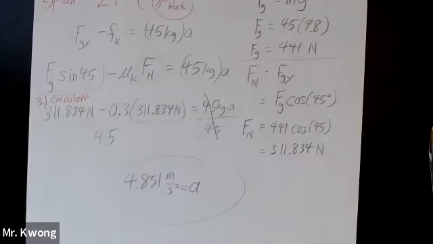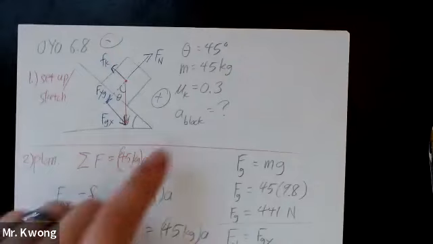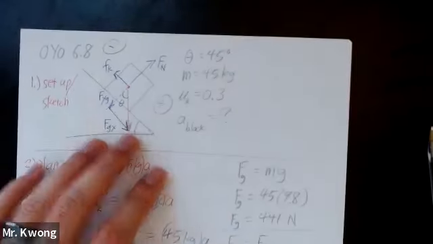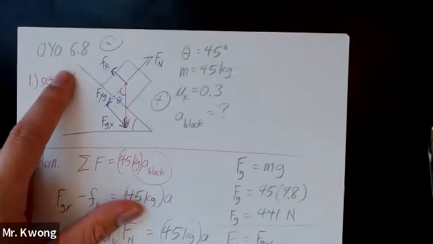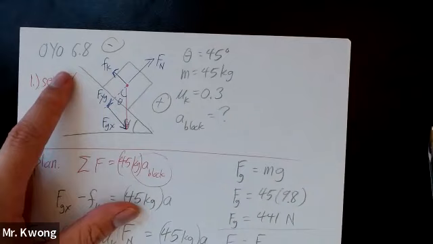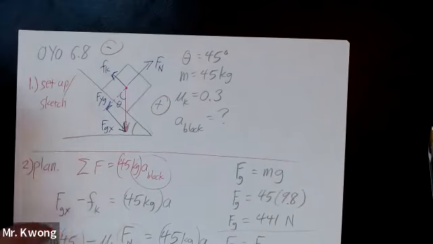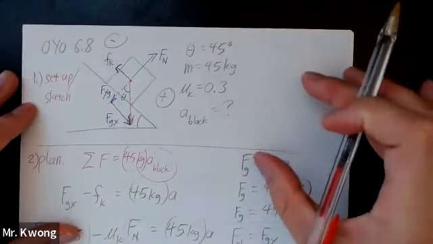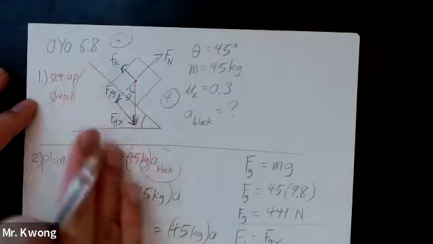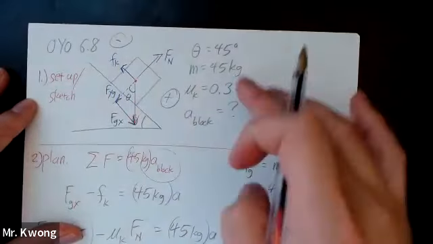Where do we get the 0.3? That's correct. So this is part of our setup. As we read the question on your own 6.8, we see that the coefficient of kinetic friction is 0.3. So that's why each step here is important. If you have a good setup, you can see all the forces and you have the given pieces of information.